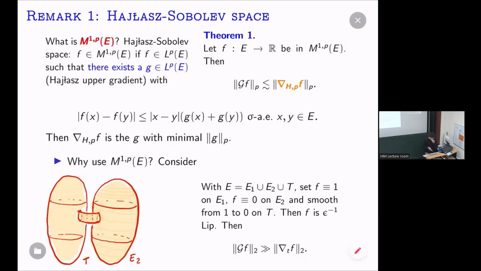We define f, the function on the surface, to be equal to 1 here, equal to 0 here, and to move from 1 to 0 smoothly along the little tube. Then f is Lipschitz, depending on epsilon, but that doesn't matter. But one can compute that the square function in this case is much larger than the norm of the tangential gradient.